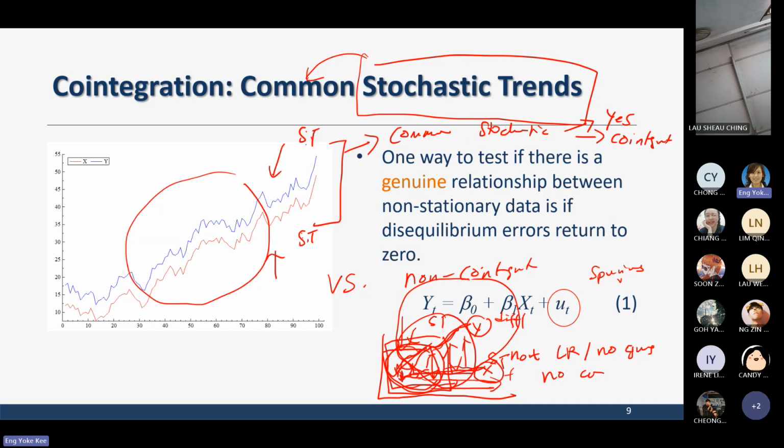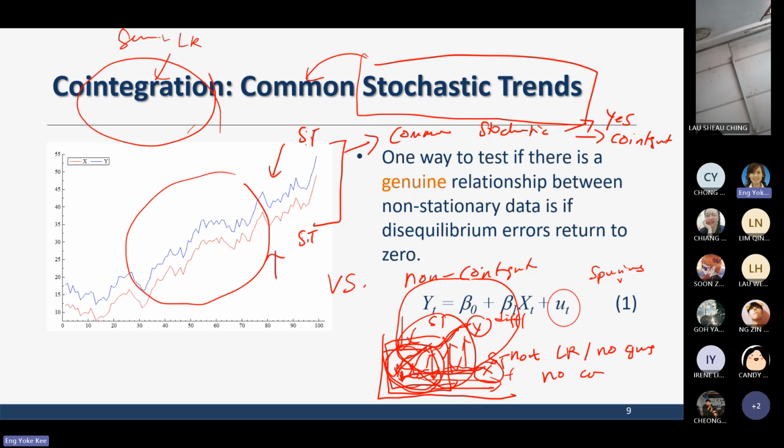For any meaningful long-run relationship, you should expect there is a co-integration between them. If there is a genuine long-run relationship, there must be a co-integration relationship between the two. If the long-run relationship is spurious, then the stochastic trend will not be common, so there will be a difference.